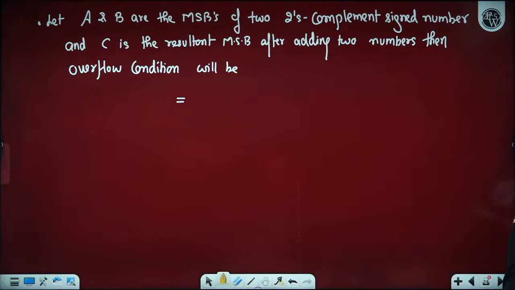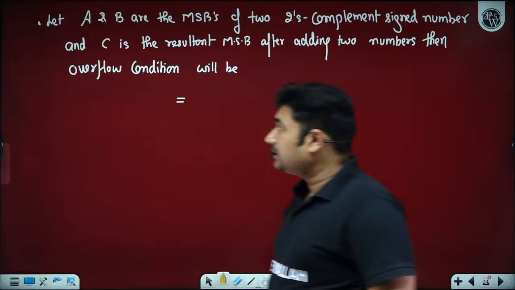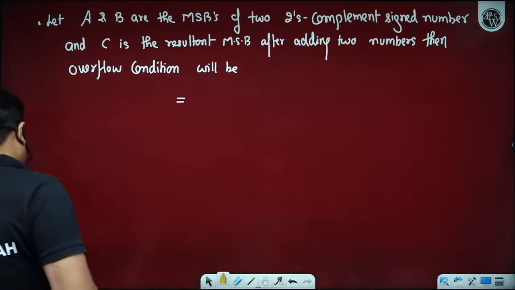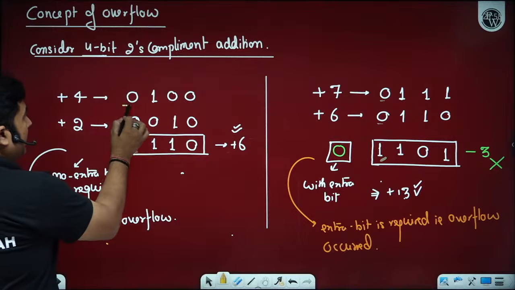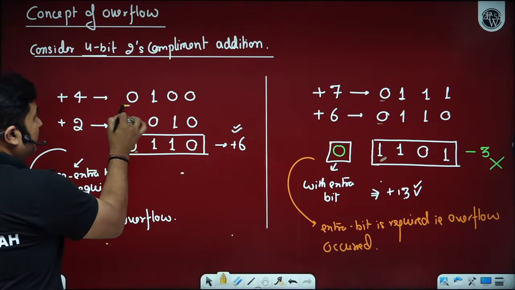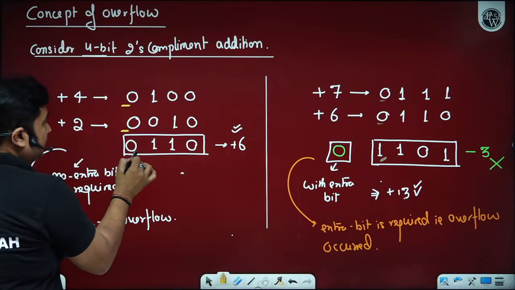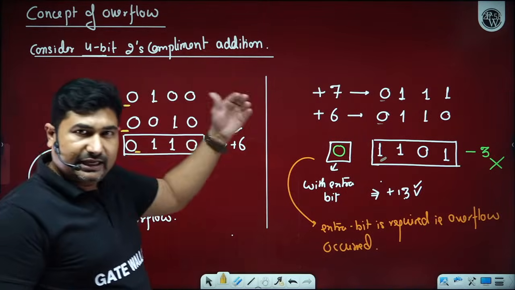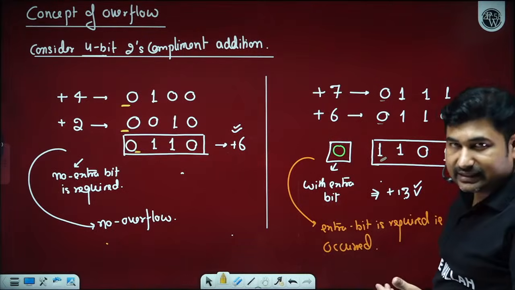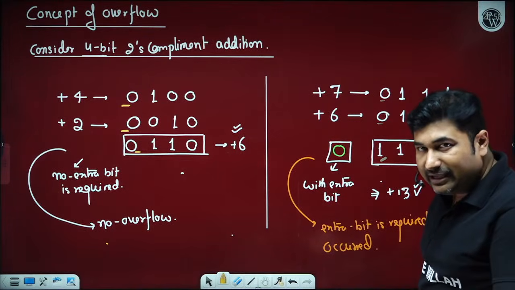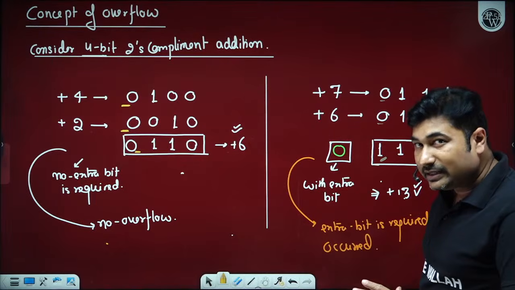Okay. So if we talk about 2's complement, A and B are the MSBs of two numbers. If we add A and B and we get C: if A is high, B is high and C is also high, no overflow.